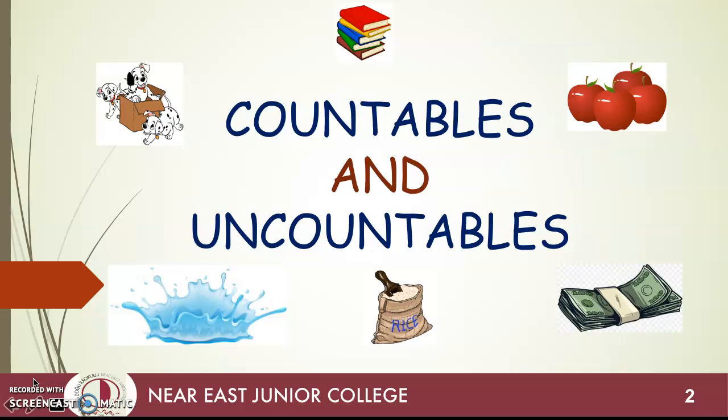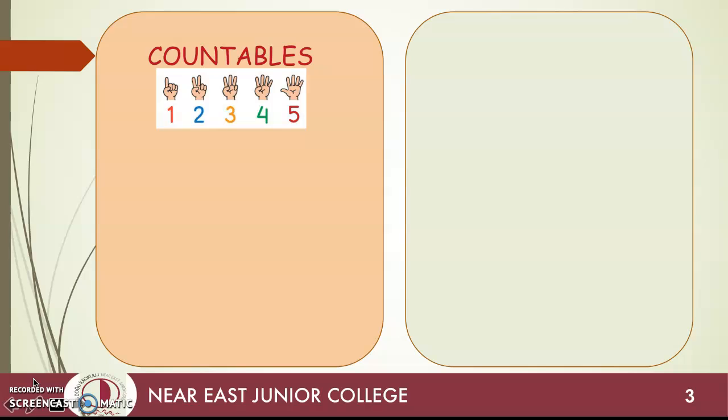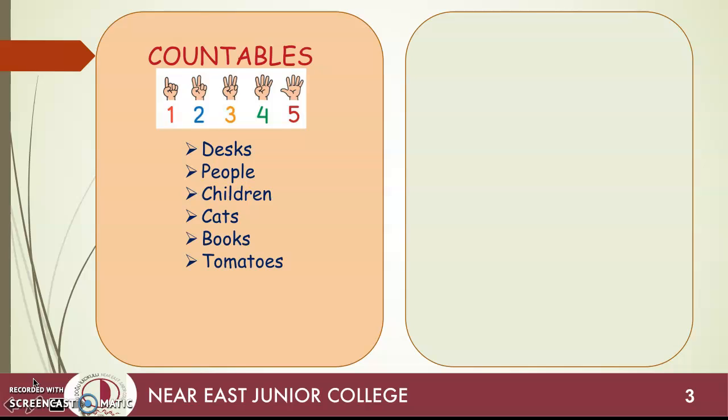Before we start our subject, let's remember countables and uncountables. Do you remember? We can count countable nouns. For example, desks, people, children, cats, books, tomatoes, pears, lemons, apples.